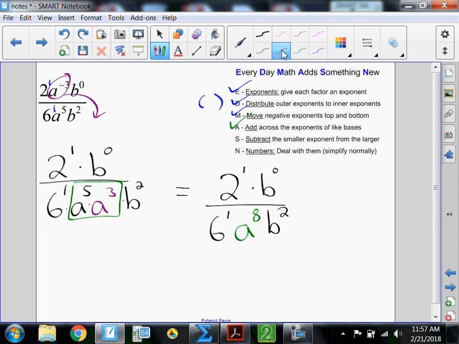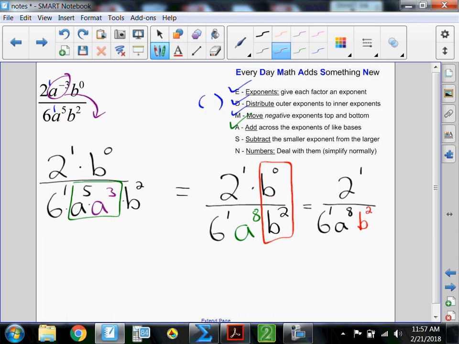Subtract smaller exponent from larger. Again, same bases. So if I have the same bases, everyday math adds something new. S, subtract. So 2 minus 0 is 2. So this would be 2 to the first over 6 to the first, a to the eighth.